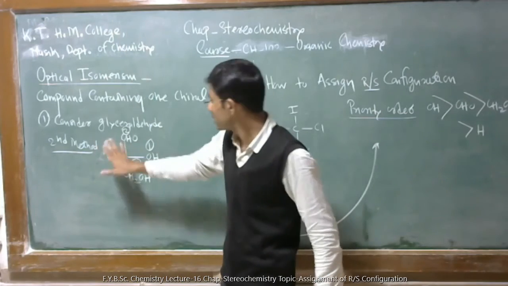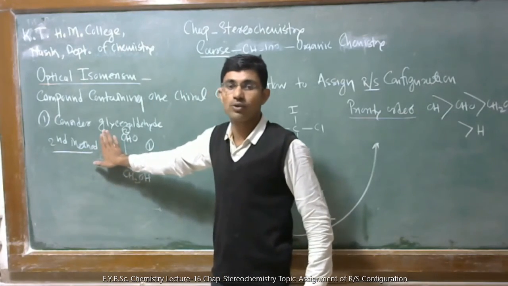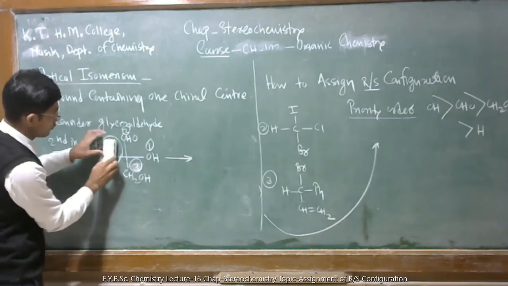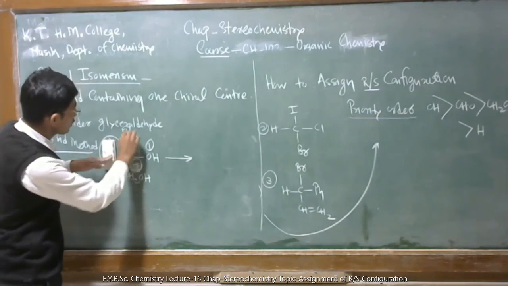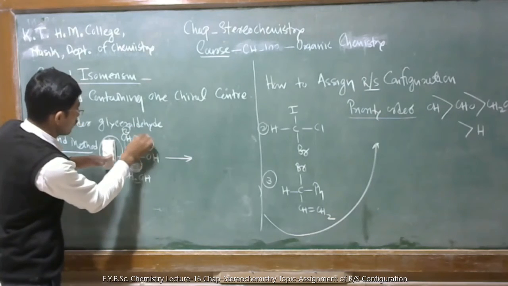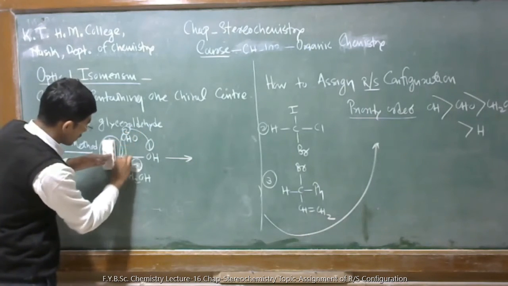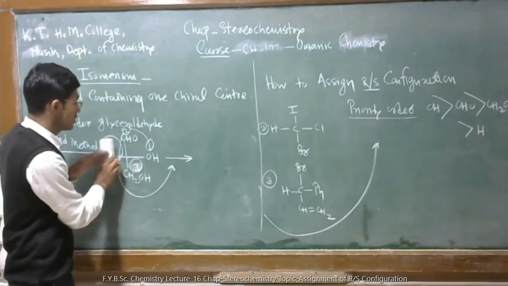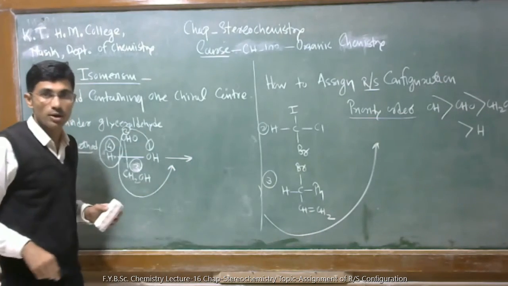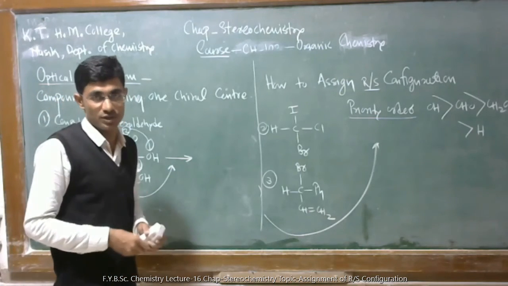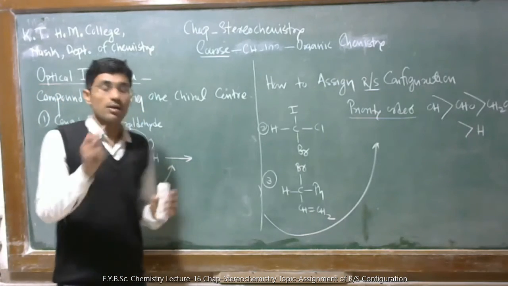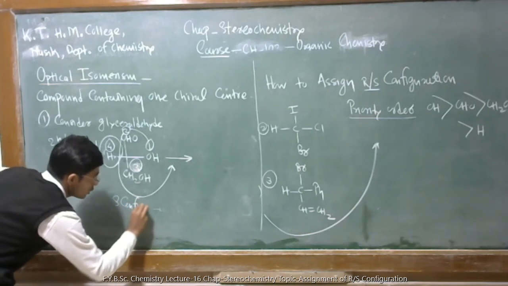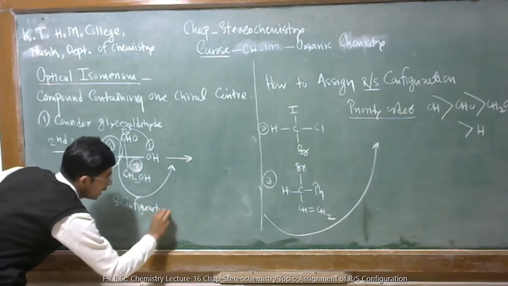When you hide the lowest priority group, this is group number 4, you have to see the sequence of the remaining groups 1 to 2 to 3. This sequence is in anti-clockwise direction. No doubt about it. Anti-clockwise means the S configuration.